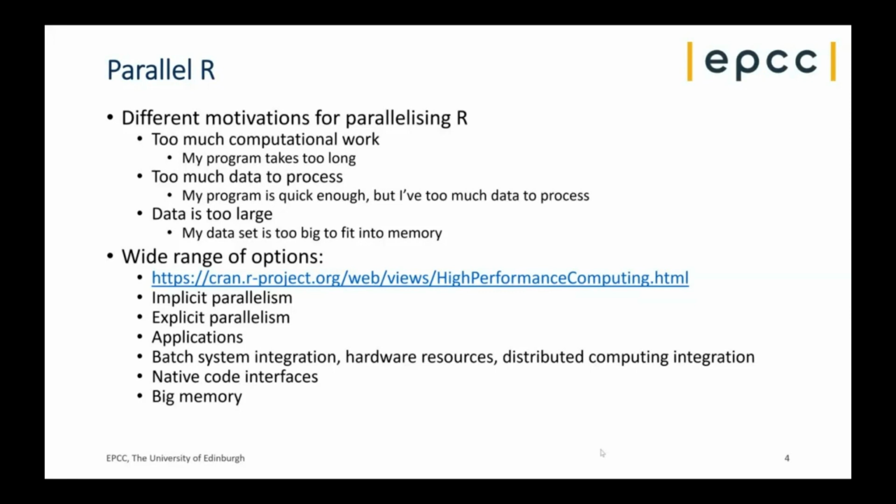So we didn't really talk about implicit and explicit parallelism directly when we were talking about Python, but implicit parallelism is the kind of thing that you get, as we mentioned in the Python examples, where part of a library has some parallel functionality built into it, which you automatically get.